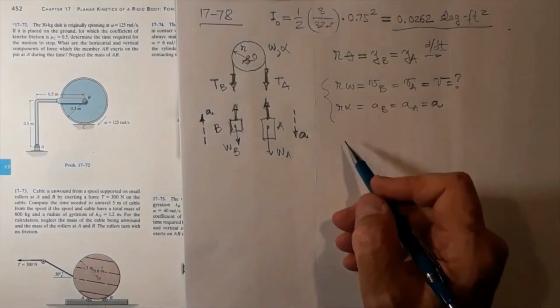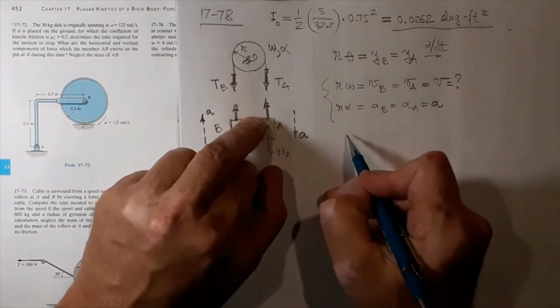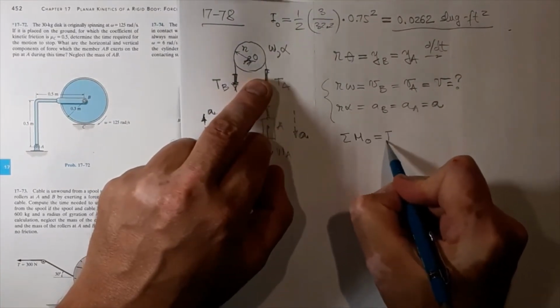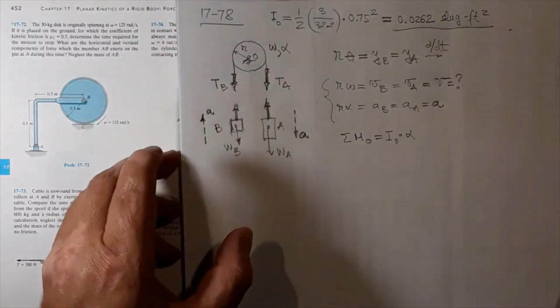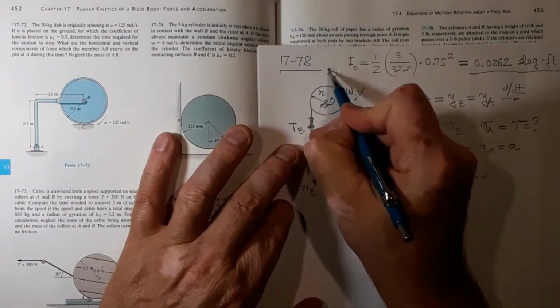Okay, so the equation of motion for the disk: sum of moments about O equals I centroidal times alpha. And let's assume positive to be clockwise.